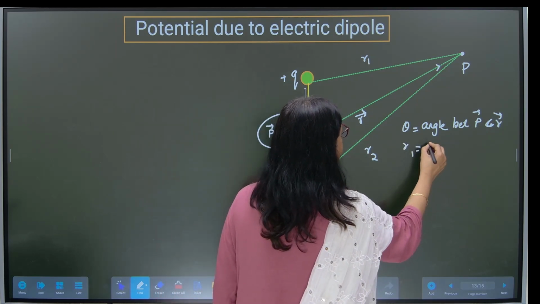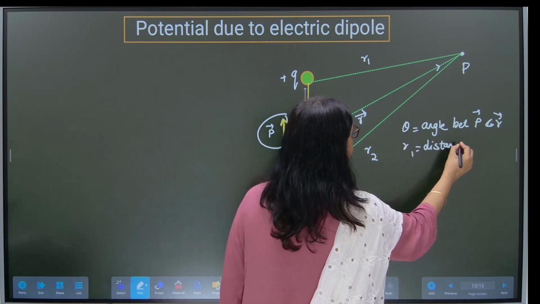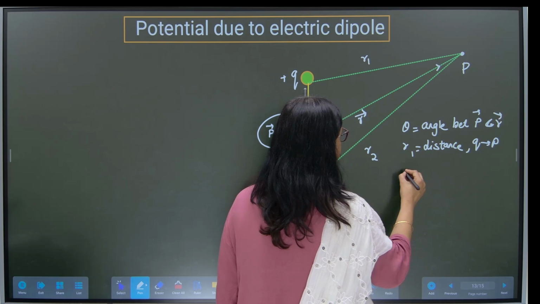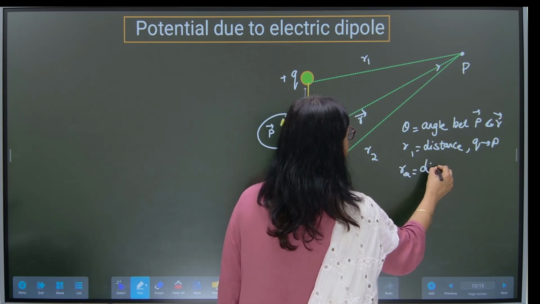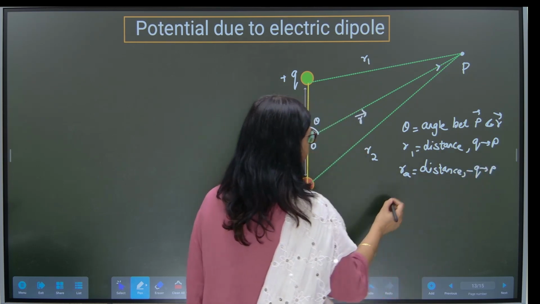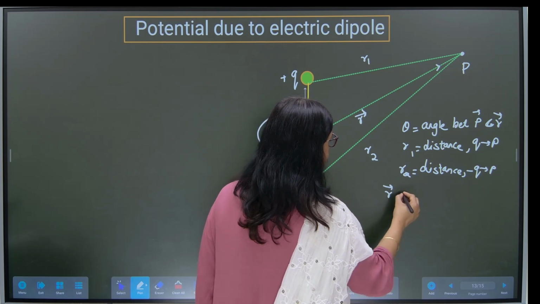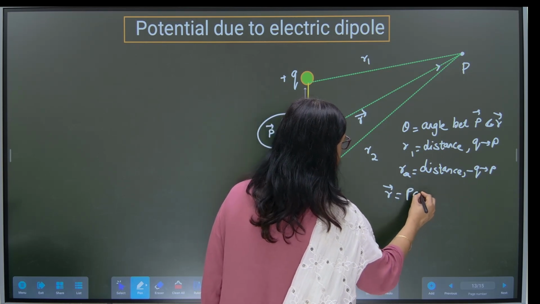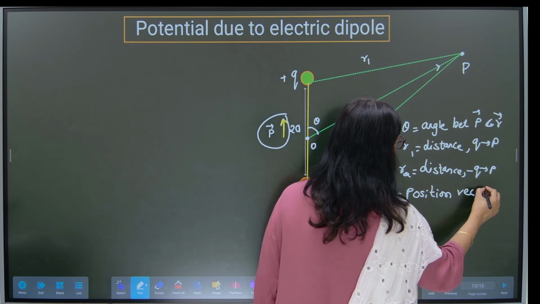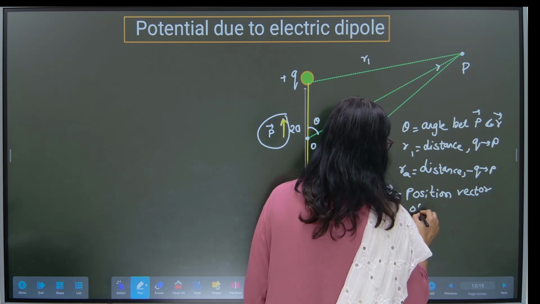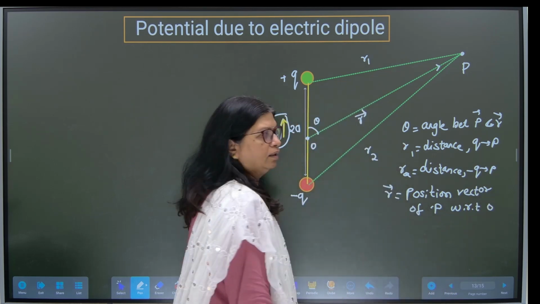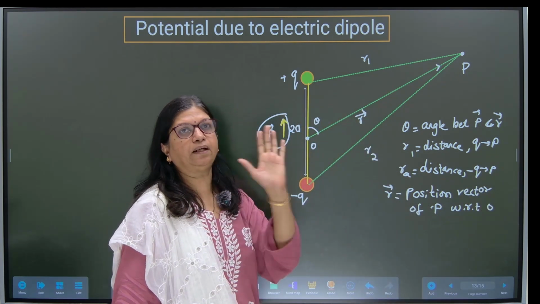R1, the distance between Q and P. R2, the distance between negative charge and P. And R vector is the position vector of point P with respect to O. Okay, this is the description of the diagram as seen.